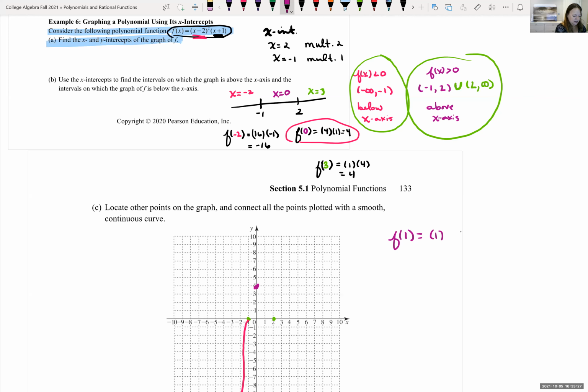And then we saw that at x equals 3, it was again above the x-axis for values greater than 2, and at 3, we also got 4. So we have some general sketch of what's going on, but we don't have it totally.